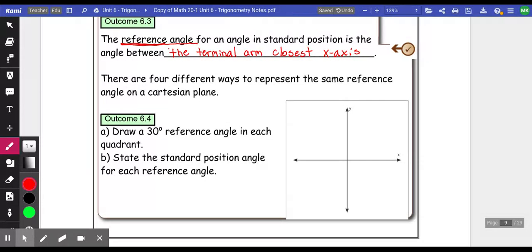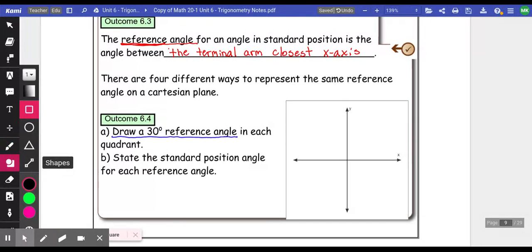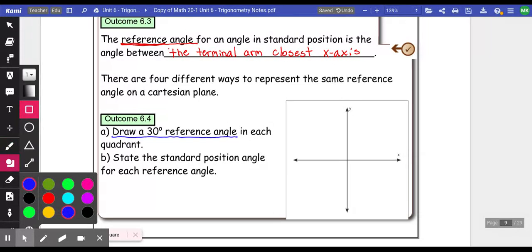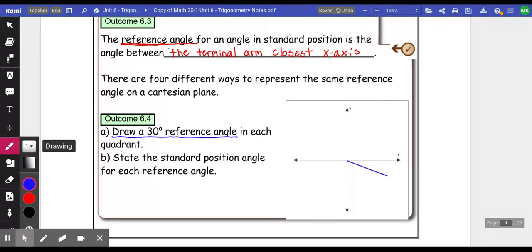So for instance, it's telling me right now, draw a 30-degree reference angle. Well, I could draw a 30-degree reference angle right here. That is a 30-degree reference angle because the angle between the nearest x-axis and the terminal arm is 30 degrees.